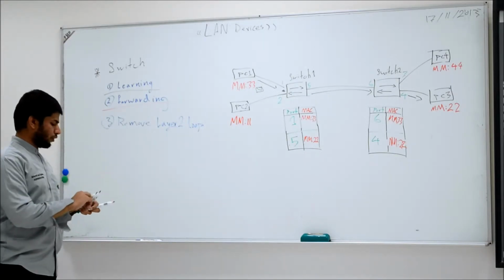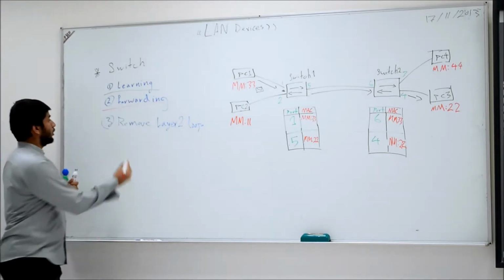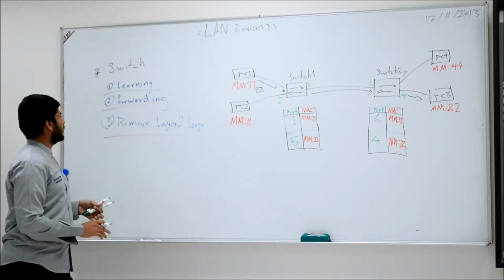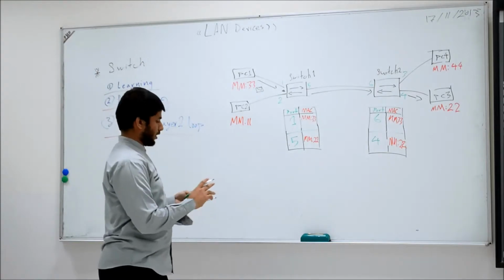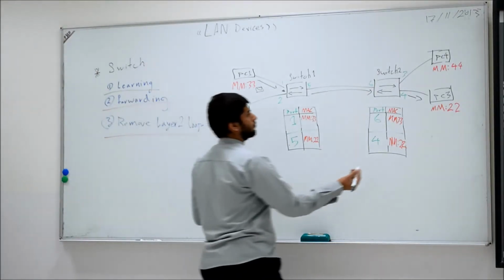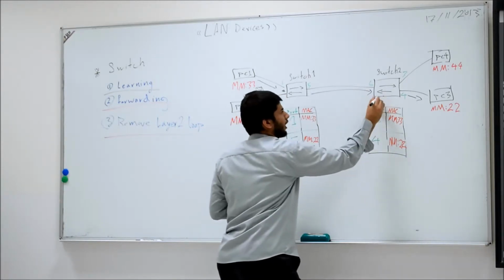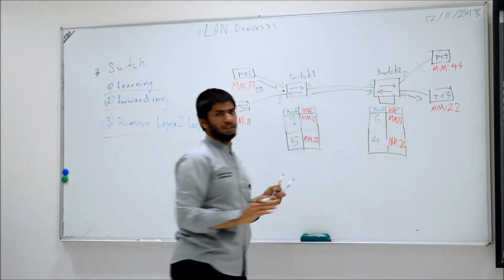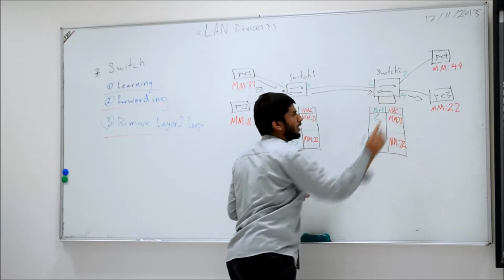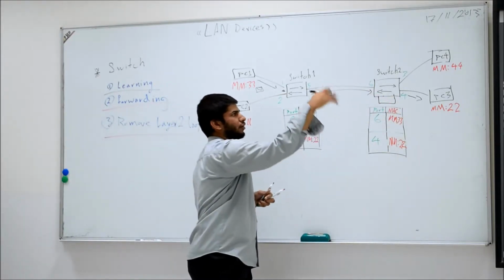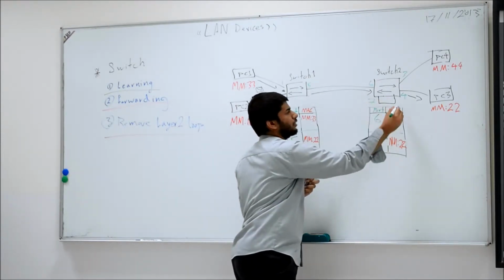Now we will come to removing the layer 2 loop. Here is the remove layer 2 loop function. If we have two cables connected together on the same switch, we have port 7 and port 8 here.